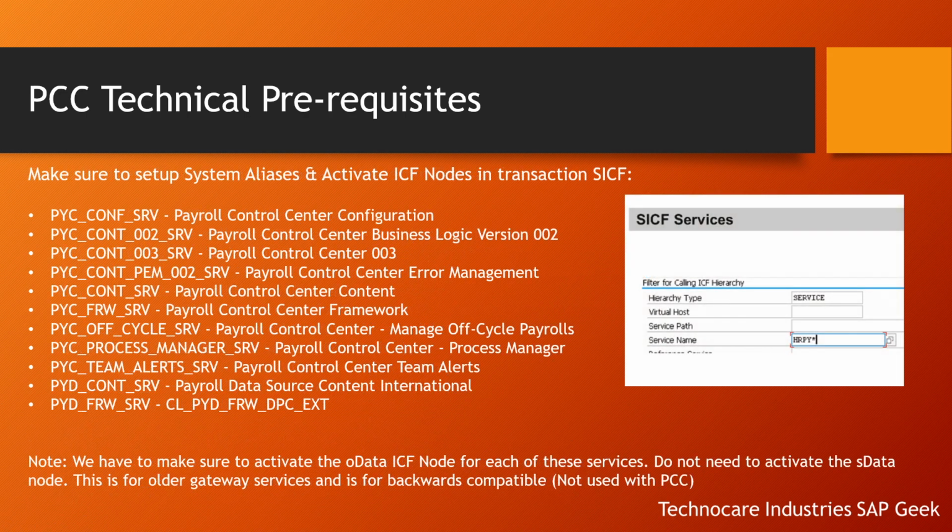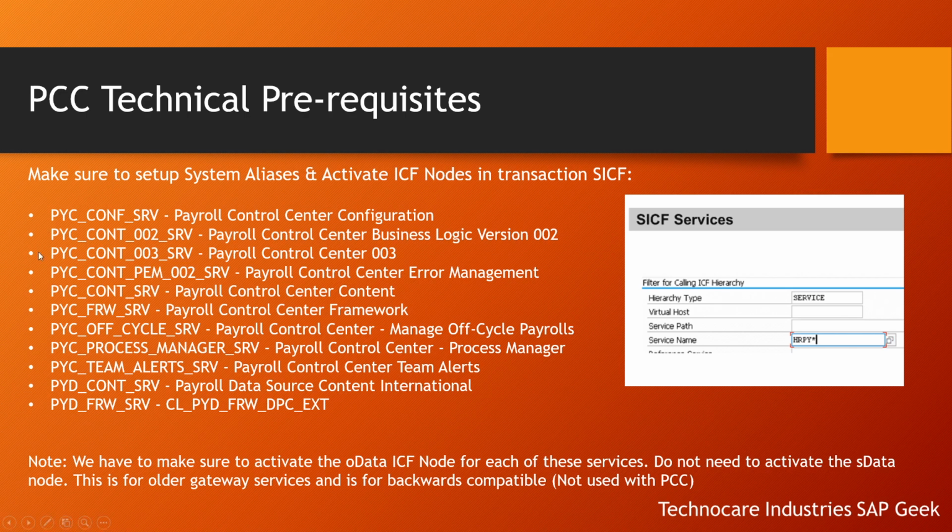Along with business functions, you also need to activate certain SICF services. In the SICF transaction code, you have to activate all the services mentioned over here, and only then will the applications called from the different tiles work.